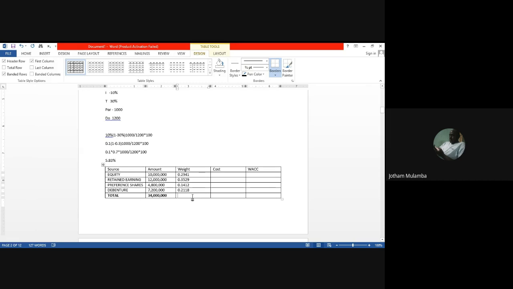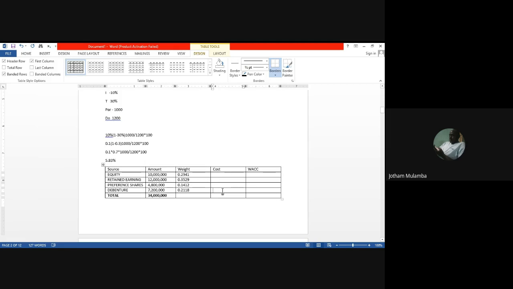You can add these weights for clarification. Remember, I said when you add, you should get between 0.99 to 1.0. So you can add for the purpose of clarity so that we confirm if we are okay. If we get 1, that's perfect. That means we have reduced the error rate. Now, the cost. We insert the cost that we have calculated.